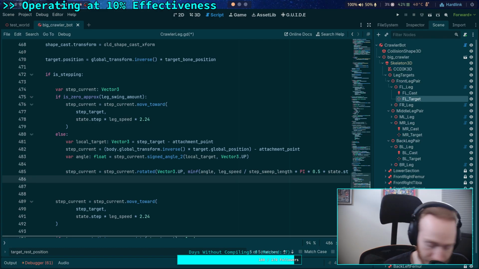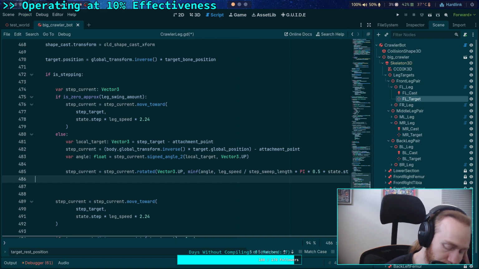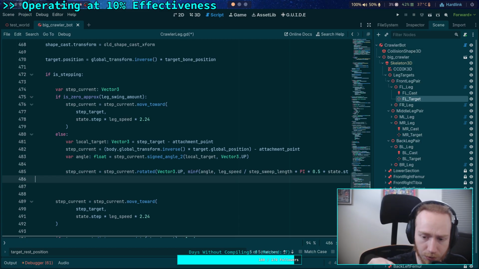How do I do that without messing with that? I don't know, maybe I do just always. The difference here is that if it's lifted, I'm also doing that.